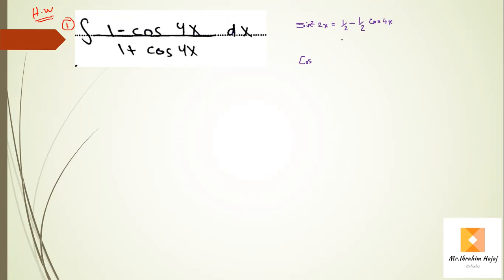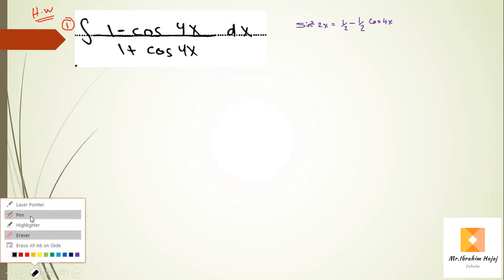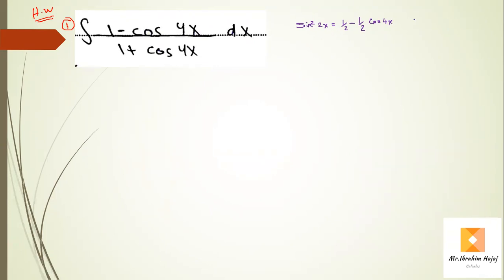Okay, multiply it all by 2. Multiply all the equation by 2. This gives 2 sine squared 2x, equals 1 minus cosine 4x. One minute, please.